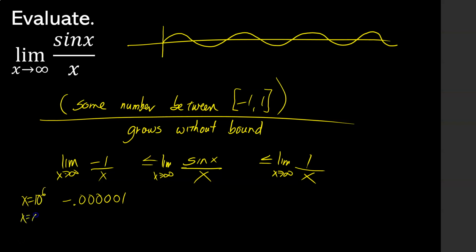When x equals 10 to the 9th, we get negative 1 billionth, and when x equals a trillion, we get -1 trillionth. I think it's fairly obvious, maybe you see it at this point, the limit as x goes to infinity of -1 over x is 0.